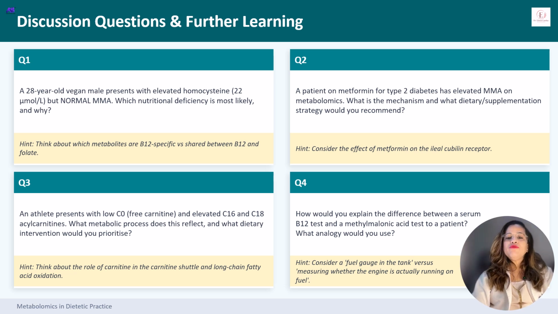If only folate is deficient and MMA stays normal, homocysteine rises. In vegans, folic acid is often adequate because they have abundant plants. So isolated folic acid deficiency is less common than B12, but B6 deficiency also needs consideration, as transsulfuration of homocysteine to cysteine is possible. Management is to assess the dietary folic acid, B12, FIGLU, and test and confirm.